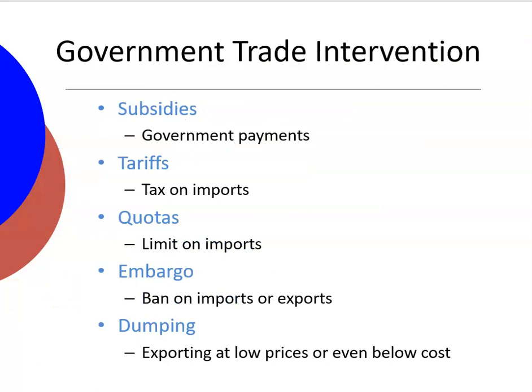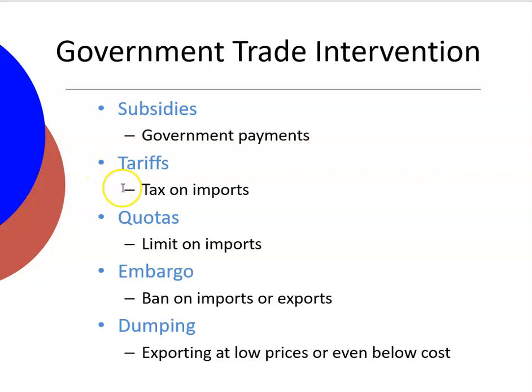Well, governments get involved in other ways. Here are some ways that governments get involved in trade. They can provide subsidies. They can help businesses. Canada was helping their lumber industry relative to the U.S., providing payments so that their lumber was cheaper and we'd buy it in the U.S. Tariffs have been in the news a lot these days.